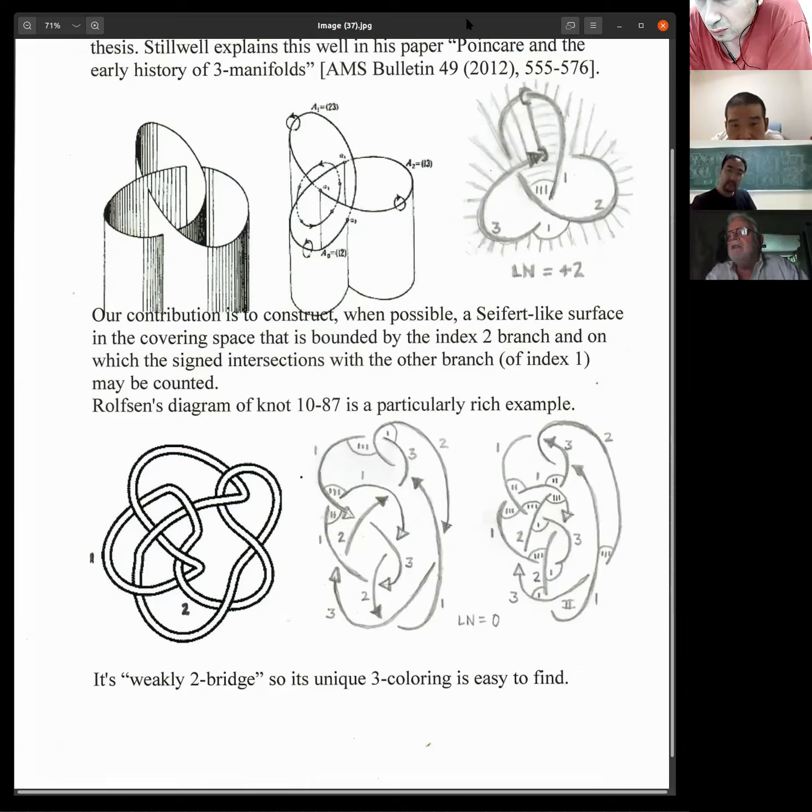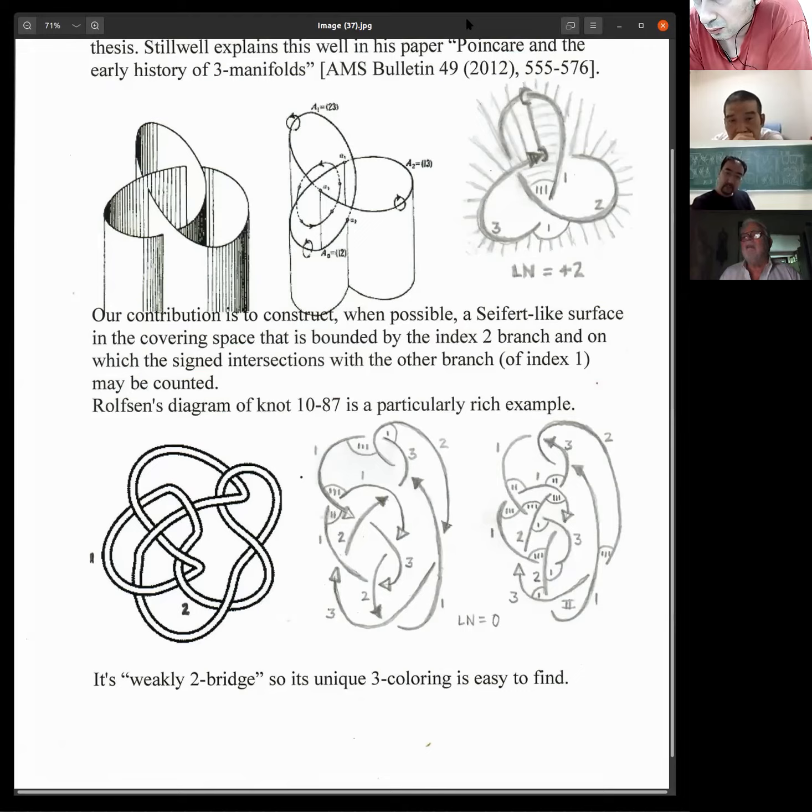So you can lift these 2 twisted discs and 2 twisted rectangles and 3 discs, 1 in each copy, and you get a complete surface which completely bounds the branch curve of index 2 in the covering space.